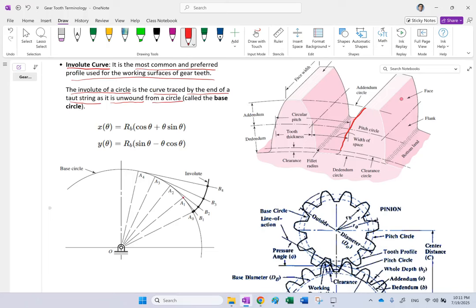So you put a pin at point A1, and the portion of the string that is between A1 and A naught, you make it under tension, right? You apply tension to it, you make it straight and open it up. Then the point A naught goes to point B1. So clearly the length A naught A1 is equal to A1 B1. This length is the same.